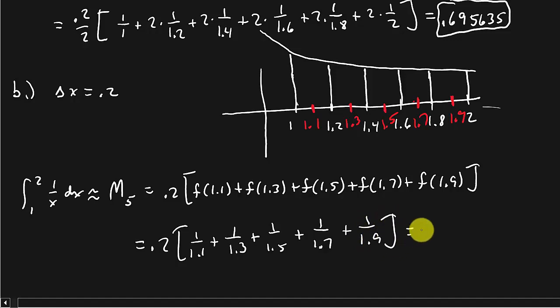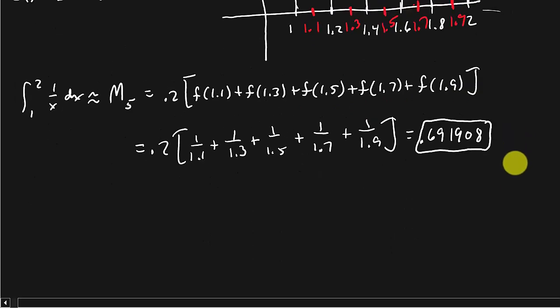And when we punch that into our calculator, we end up with 0.691908. And there's your answer. So you can see the values are a little bit different.